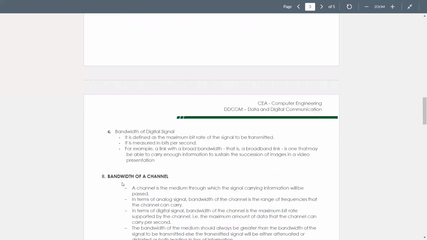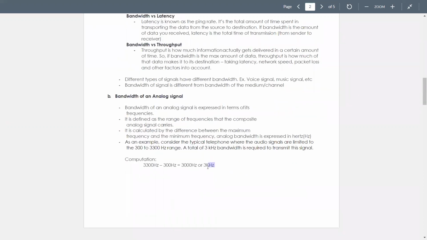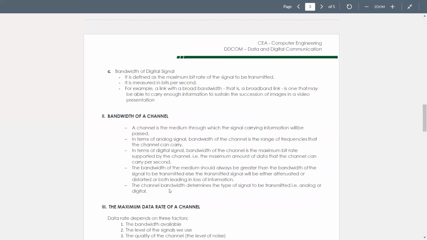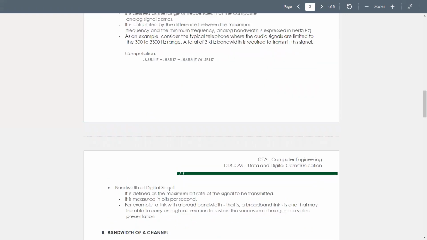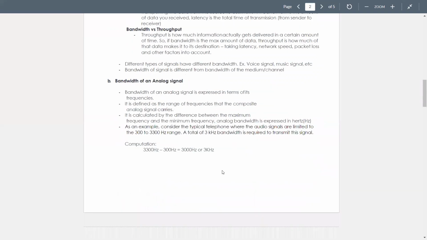Then letter C, bandwidth for digital, refers to the maximum bit rate of the signal, in bits per second. While this one in analog is kilohertz, this one in a digital signal is bits per second.